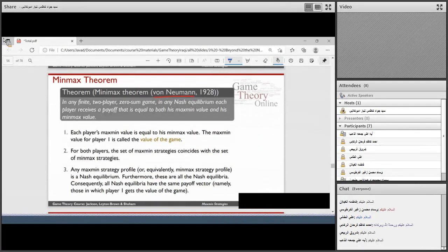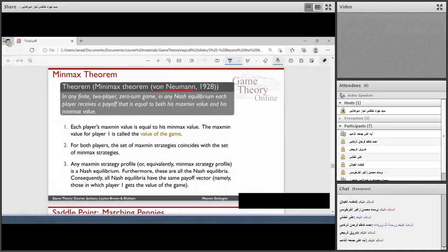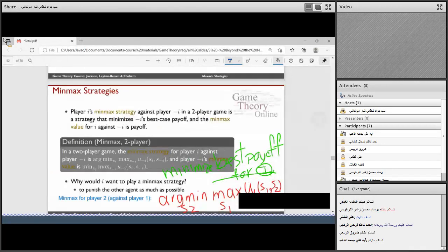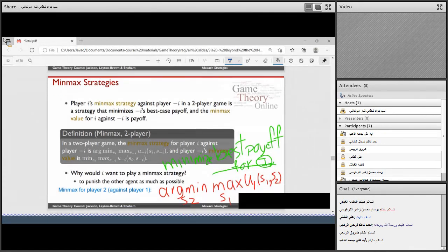So in minimax, let's review the definition one more time.